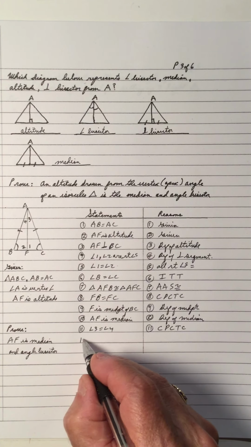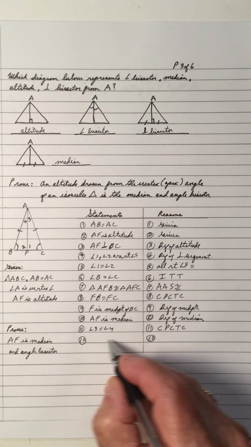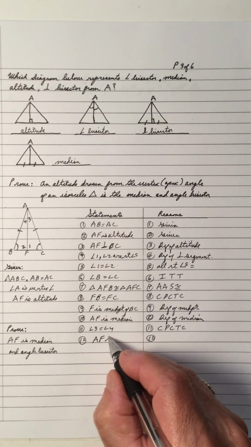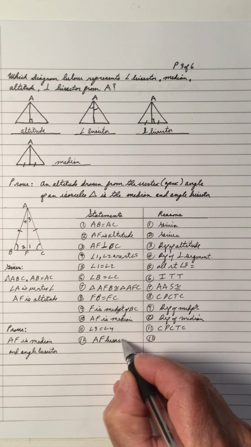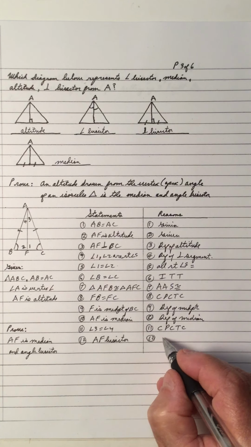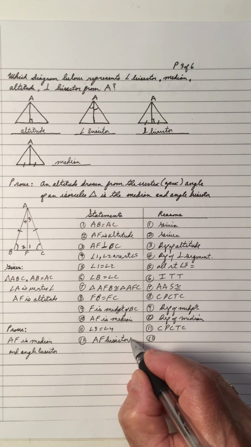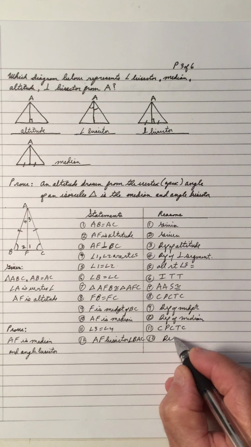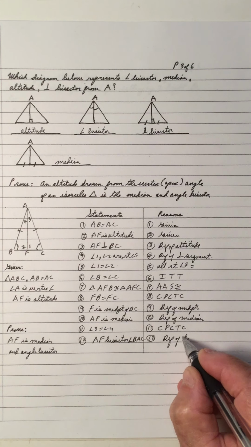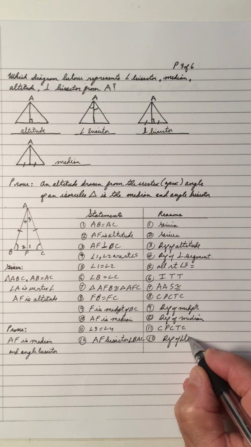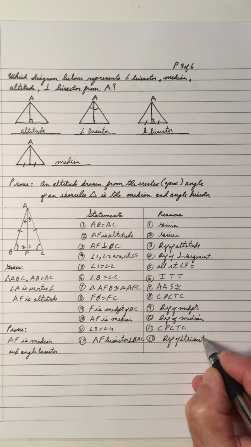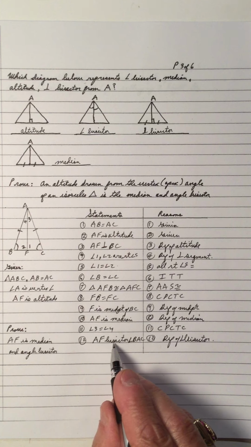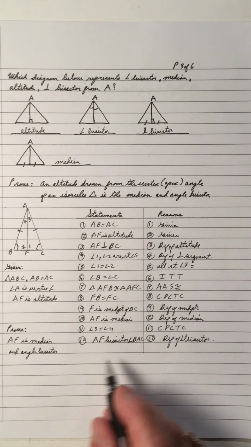Because the two angles are equal, that means that AF bisects angle BAC. Definition of an angle bisector. So that means that AF bisects, so it's the angle bisector.